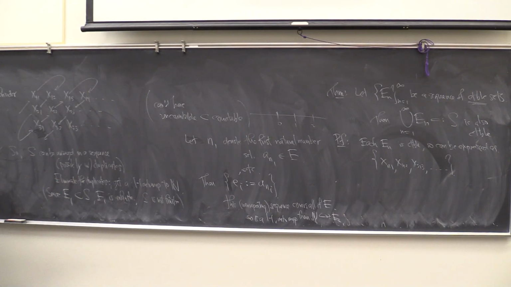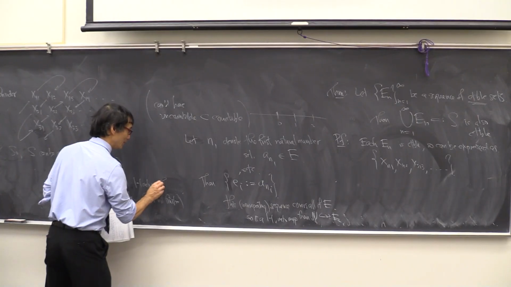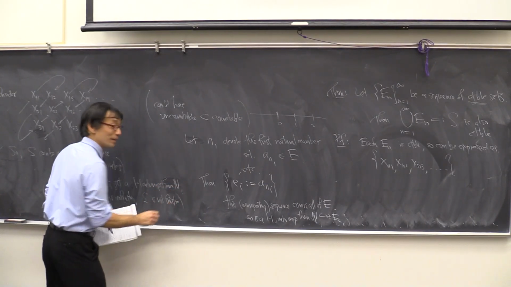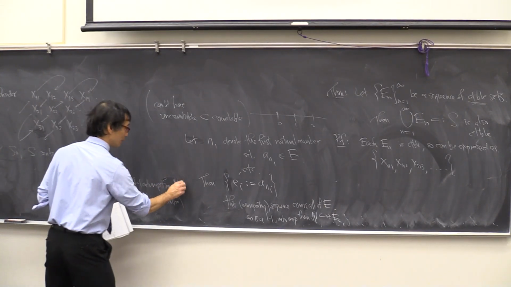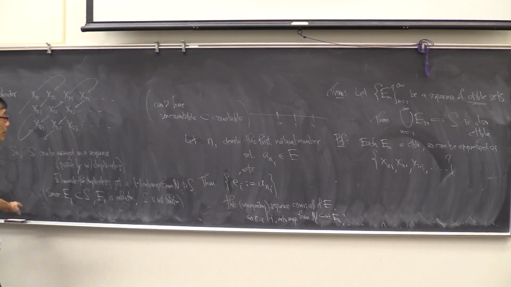I'm a bit confused what you mean when you say one-to-one onto map to the natural numbers. Does that mean the natural numbers are like our inputs? Maybe you can say from the natural numbers.